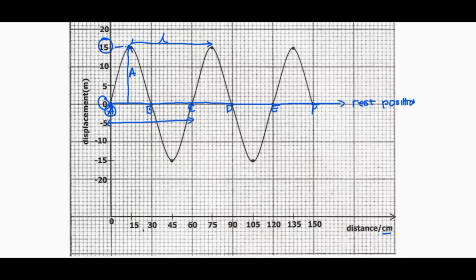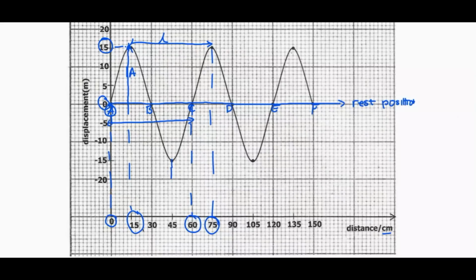So if we start from A, we know that A, if we move down, is 0. Then our C here will give us a 60. So that's our distance. Then if we begin from here, we know that if we go down here, you are getting a 15. Then here we'll get a 75. So you find a difference. 75 minus 15, you still get 60.